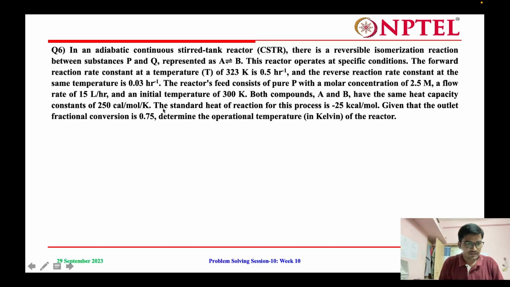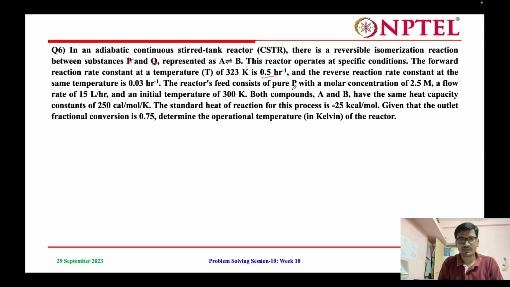I move to question number 6. In an adiabatic CSTR, there is a reversible isomerization reaction between the substances A and B, represented as A gives B and B gives A. This reactor operates at specific conditions. The forward reaction rate constant at temperature 323 Kelvin is 0.5 per hour, and the reverse reaction rate constant at the same temperature is 0.3 per hour.